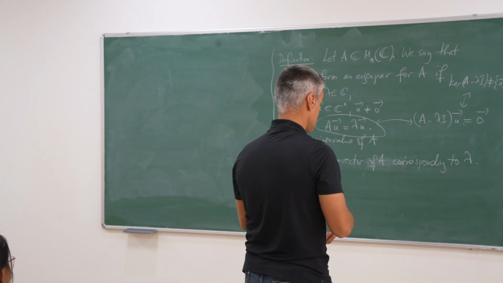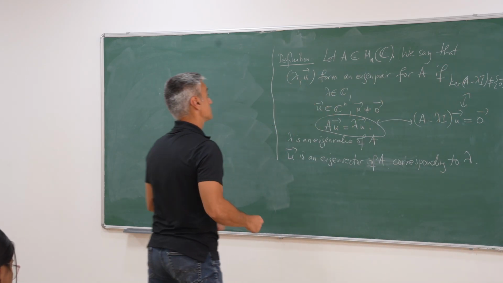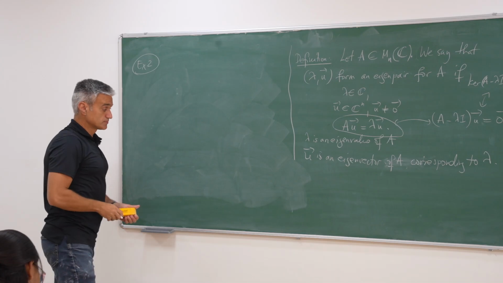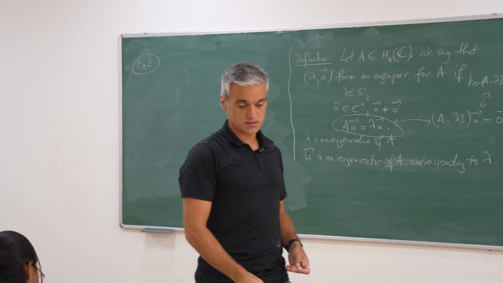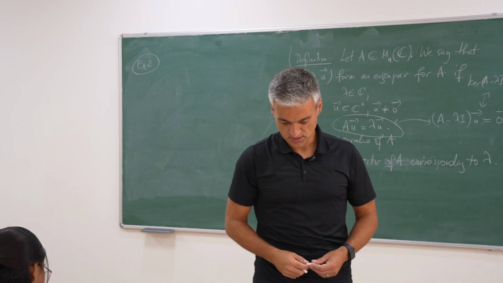Okay, so that's exercise 1, so we can keep track of them. And then after exercise 1 comes exercise 2. Again, we can talk about this in the afternoon. Do you guys have questions?